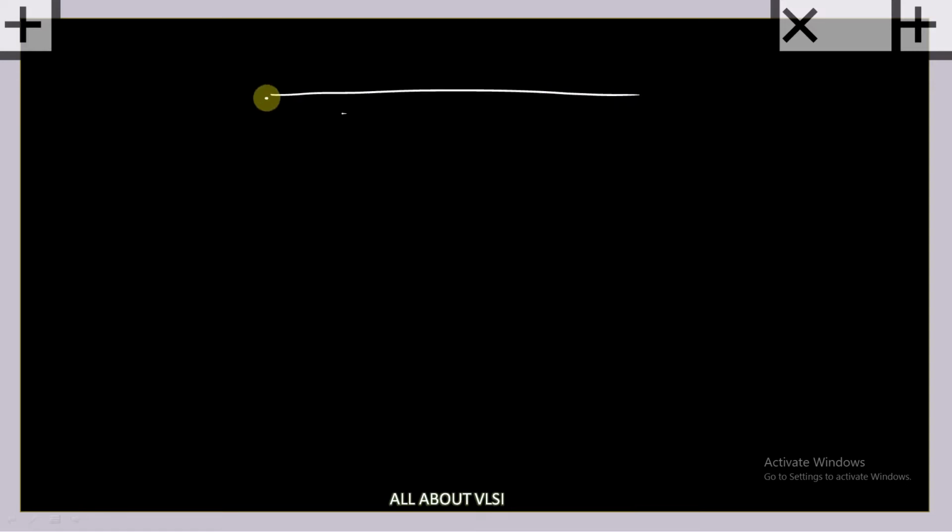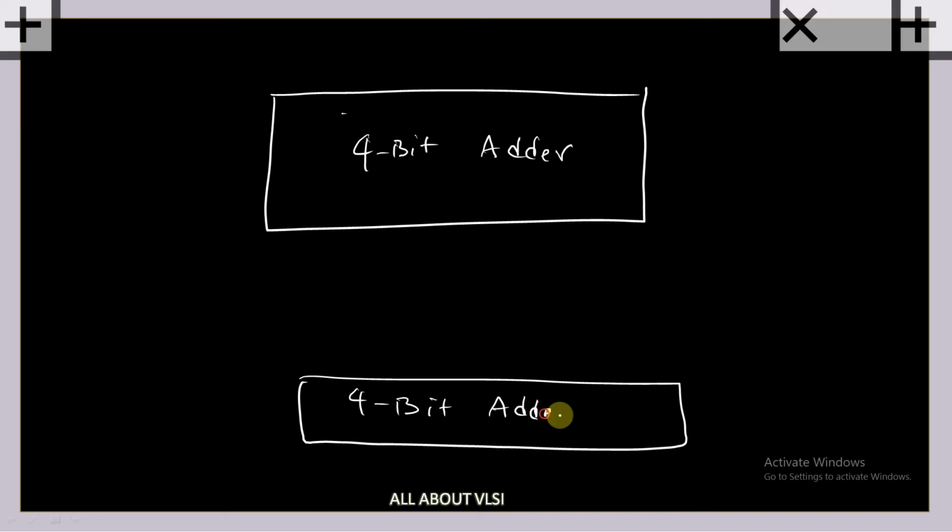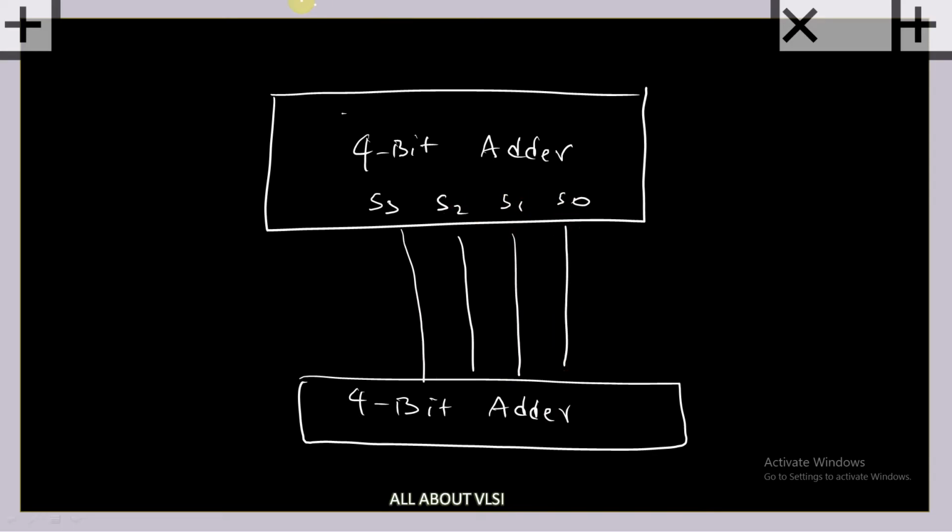So this is our BCD adder where we are going to have two 4-bit binary adders, and we will get our S3, S2, S1 and S0. These are being connected to this, and here we give B3, B2, B1 and B0, and A3, A2, A1 and A0.